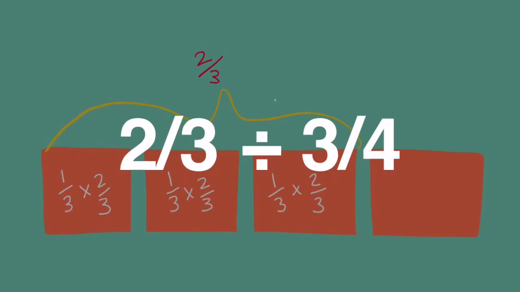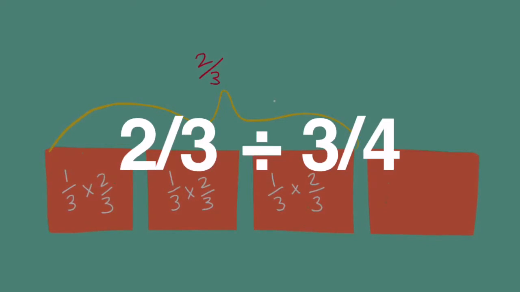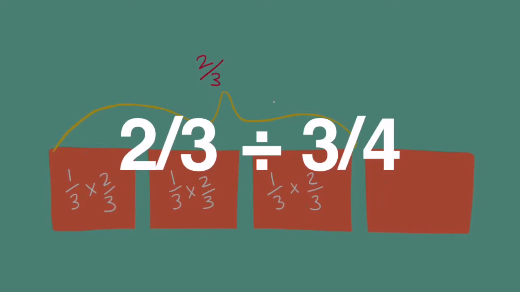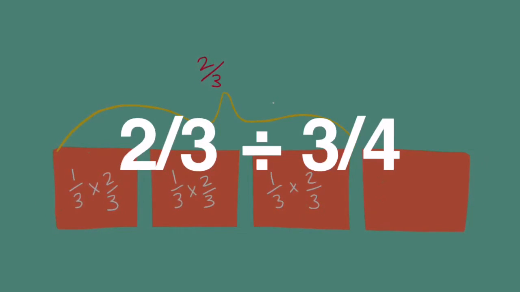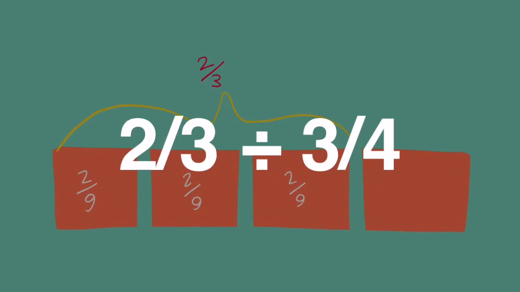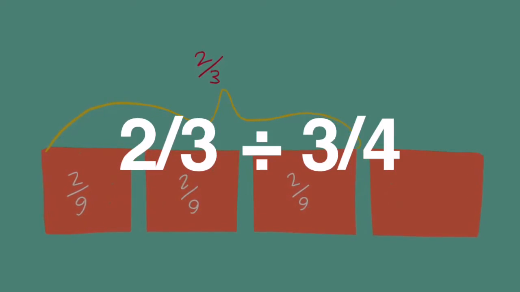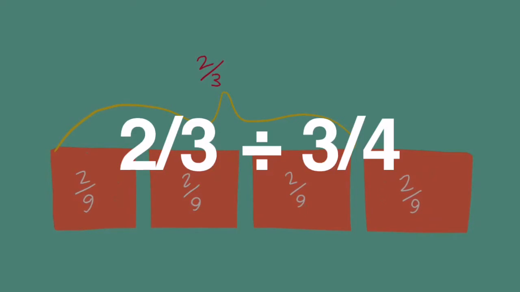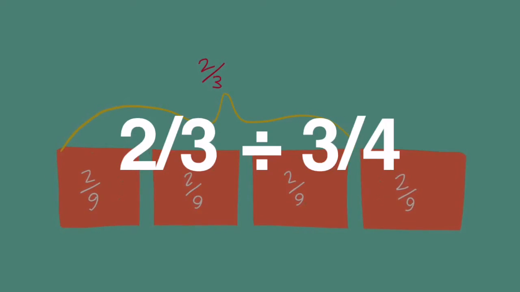Now, because there are 3 pieces, we need to take our 2/3 and divide it by 3 if we want to find the value of each part. So 2/3 divided by 3 is the same as saying 2/3 times 1/3, right? We want 1/3 or a third of 2/3. So 1/3 times 2/3 is 2/9. So now I know that every piece of these fourths is a value of 2/9.